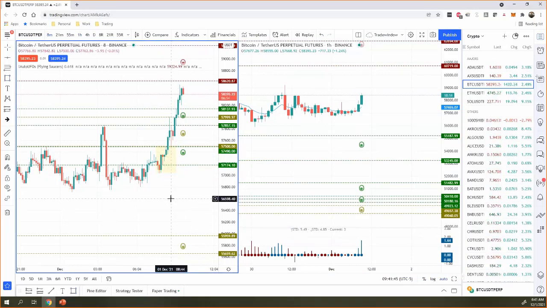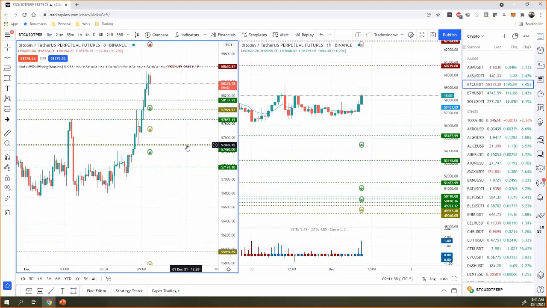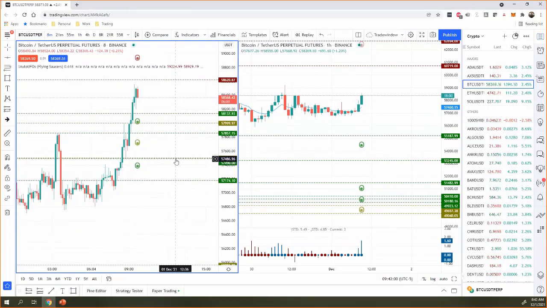So we're looking at this area here where we could have potentially gotten filled. All right. As of right now, though, Bitcoin made a new high there. So let's say it comes down and retests 57,460. So this UFO that I actually highlighted would work. So this area right here, 57,490 to 57,174. So we can actually put that trade in.